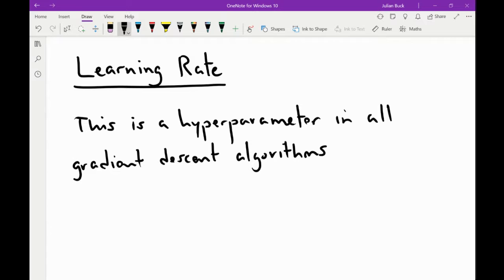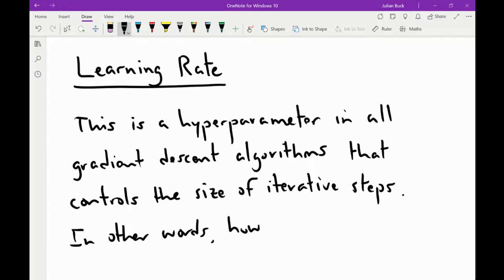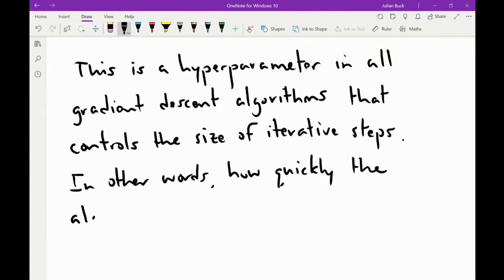And what it does is it controls the size of the iterative steps. Okay, so in other words, how quickly the algorithm learns. Hence the name learning rate.